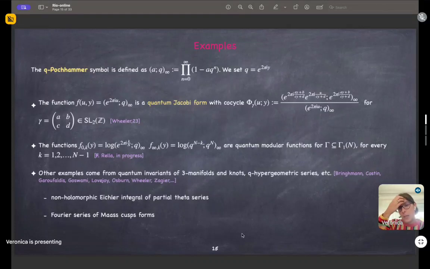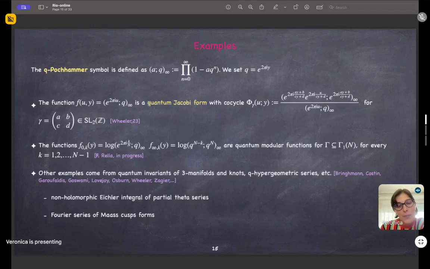And let me give you some examples. Let me just remind that the q-Pochhammer symbol is defined as the following infinite product. And I will usually think of q as e to the 2 pi i y, unless I say it differently. Now the first example I want to mention is this function f, which is a so-called quantum Jacobi form.